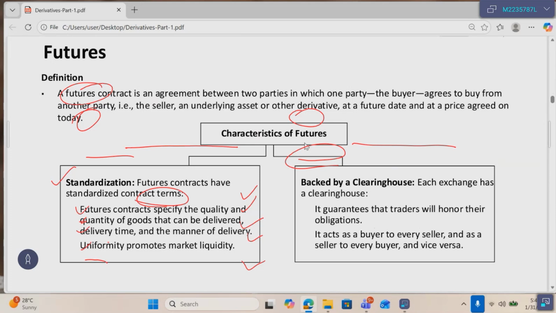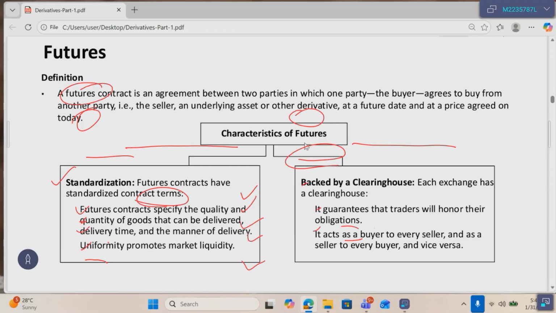They're backed by a clearinghouse, obviously, which makes sure that these contracts are settled and cleared. So here I'm talking about futures where there is absolutely no leeway. They will settle mostly in cash because that's what futures are for.